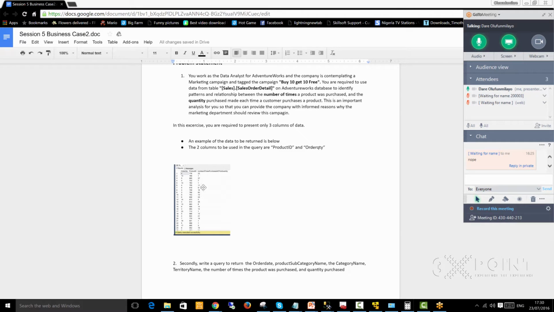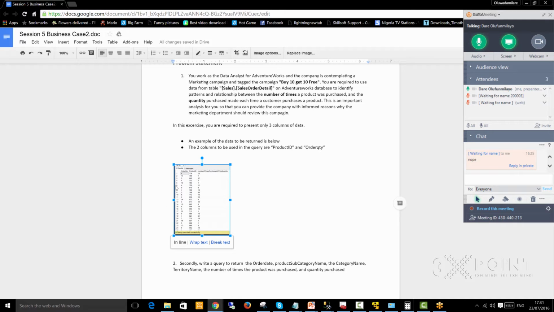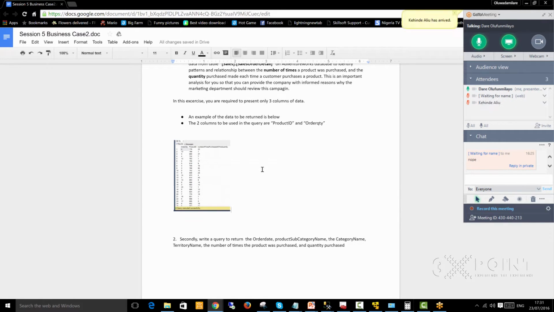Obviously, by the time you come up with the data, looking at it is not the end of the story. The end of the story is when you bring it into Tableau or any of the reporting tools, SSRS, QlikView, and you can do some more analysis on the data.